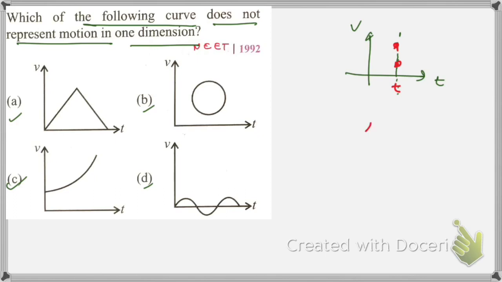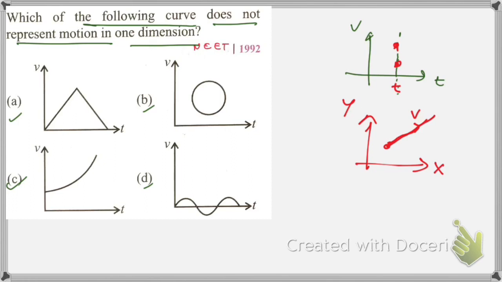Suppose this is the x-axis, this is the y-axis, and a particle is moving in this direction with velocity v. If it travels parallel to the x-axis, then only the x coordinate will change, but if it travels along the y-axis, then only the y coordinate will change.